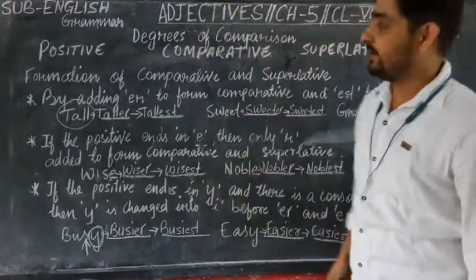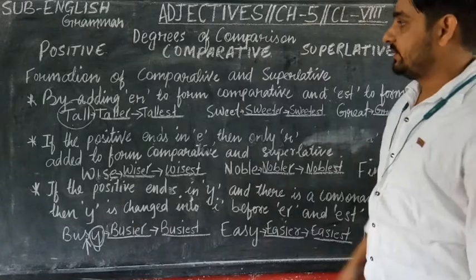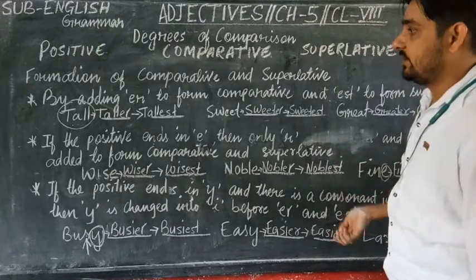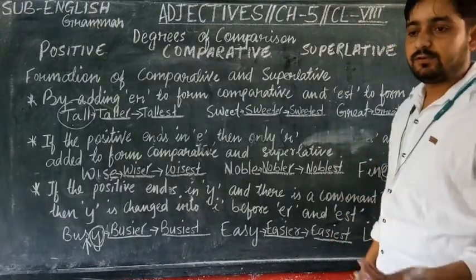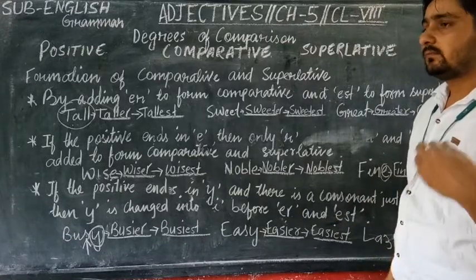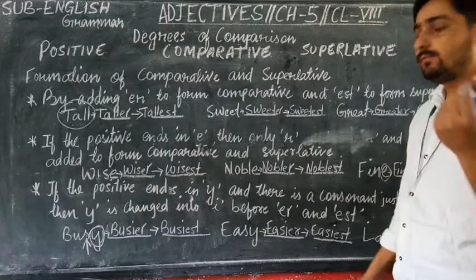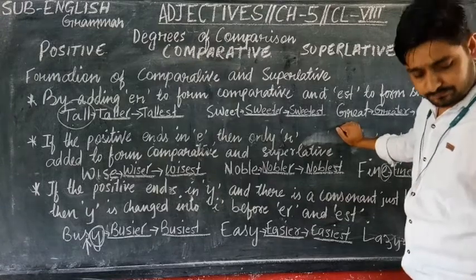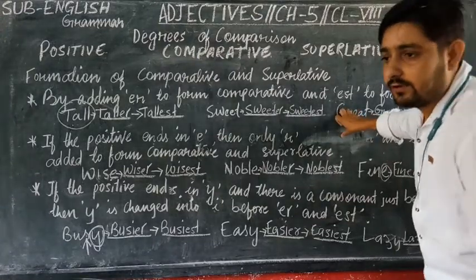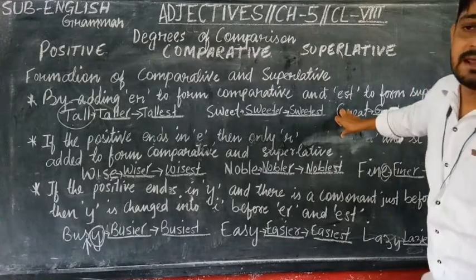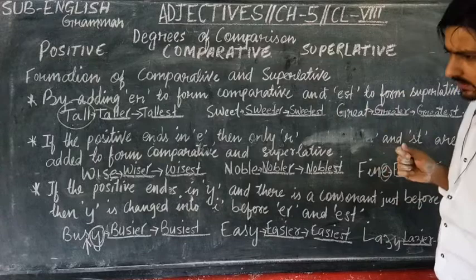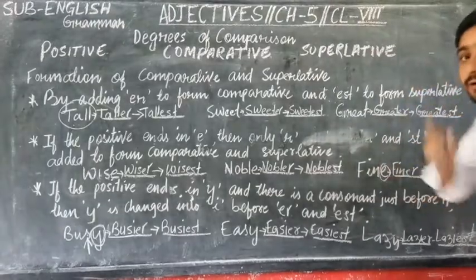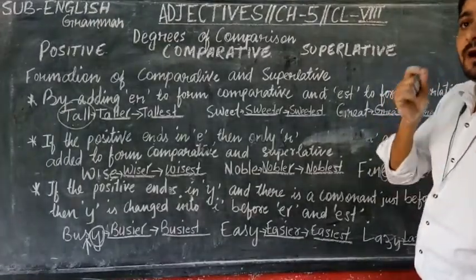These are the 3 points that I told you to form the comparative and superlative degree. The first point is adding ER and EST. The second point is, if the last letter is E, then to make the comparative we will add R, and to make the superlative we will add ST. And in the last point, if the last letter of the positive is Y, and the second-last letter is a consonant, then we will remove that Y and write I in its place.